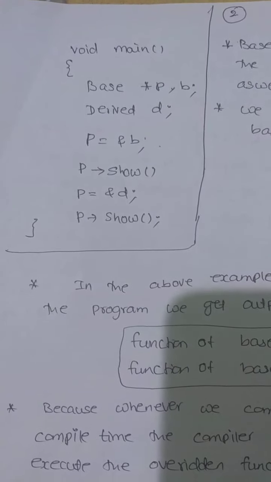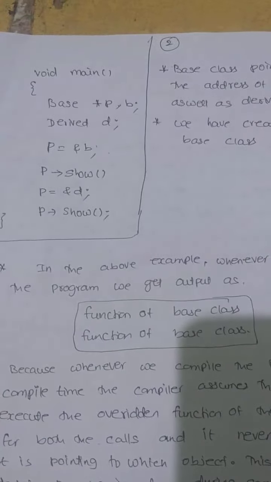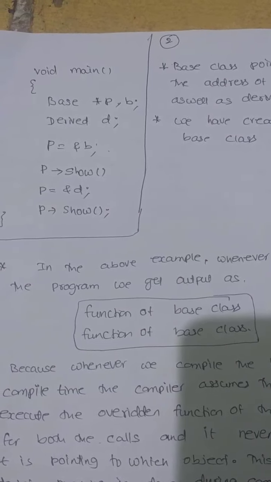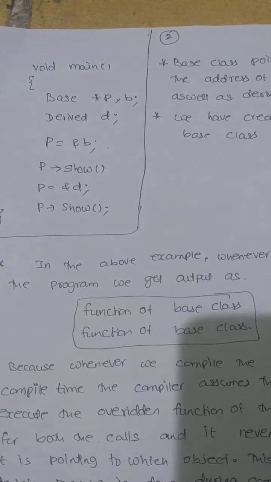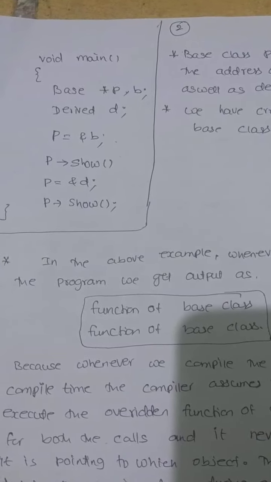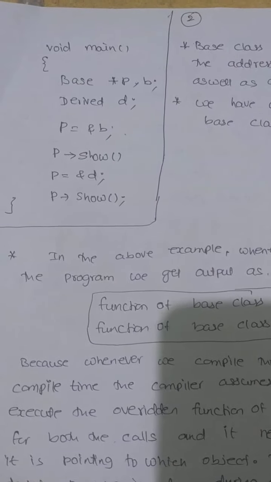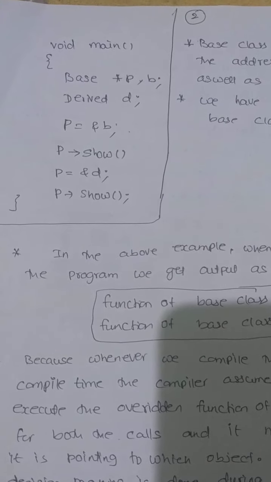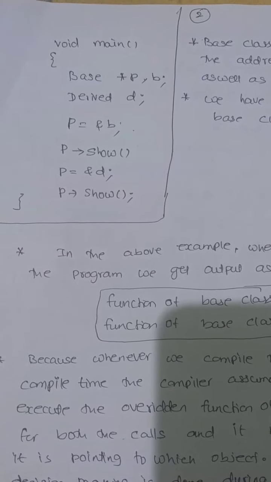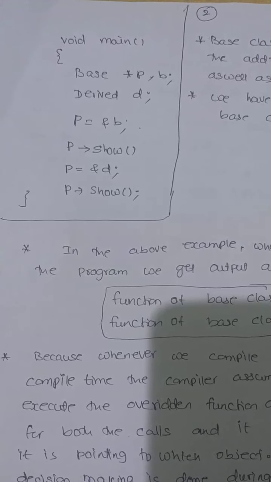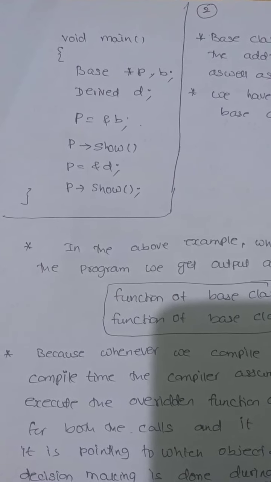Now I am creating a pointer for the base class, that is base star p. Star p, we already know, means that it is a pointer, and b is an ordinary object. I am creating an object for the derived class. Now p is pointing to b, that is p is equal to ampersand b. So we are calling the function of the base class, p arrow show.